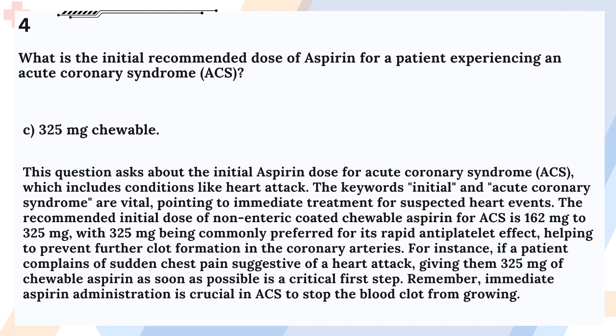For instance, if a patient complains of sudden chest pain suggestive of a heart attack, giving them 325 mg of chewable aspirin as soon as possible is a critical first step. Remember, immediate aspirin administration is crucial in ACS to stop the blood clot from growing.